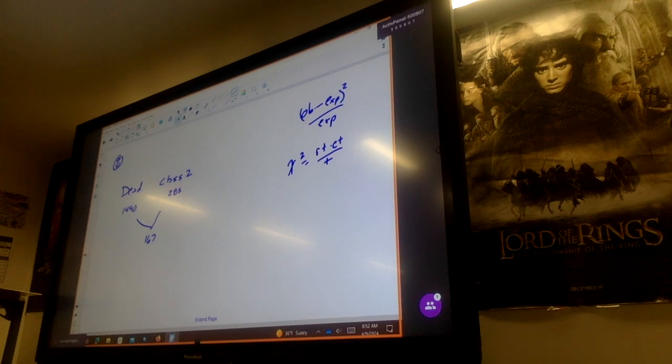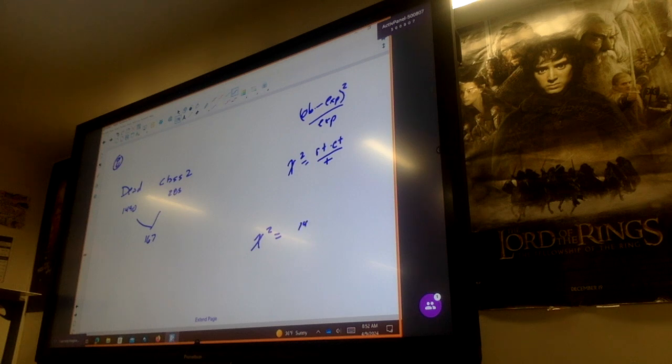All right, so where should we go on this problem? What you want to do is eventually get to chi-squared. I'll take care of the row total.